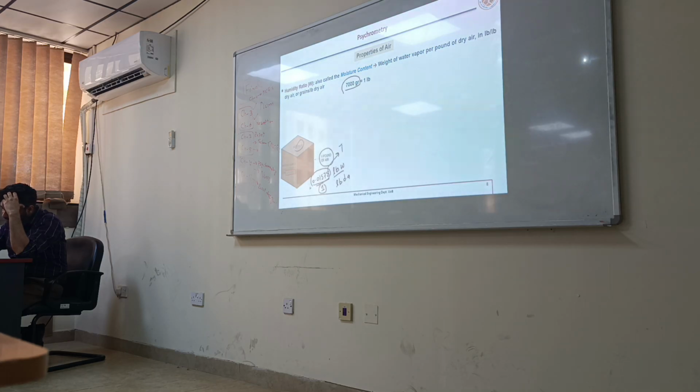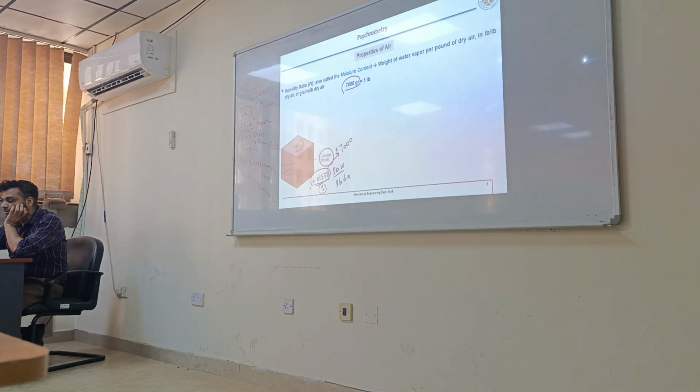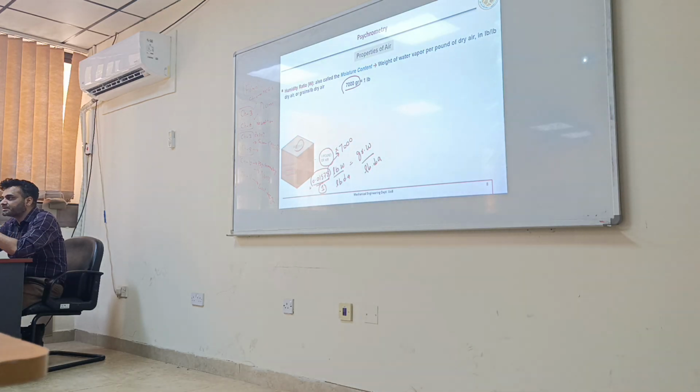We multiply with 7,000. So we will represent this humidity ratio as grains of water vapor per pound of dry air. In 1 pound, there are 7,000 grains. Okay. In chapter 9, which we already covered, we use this thing.